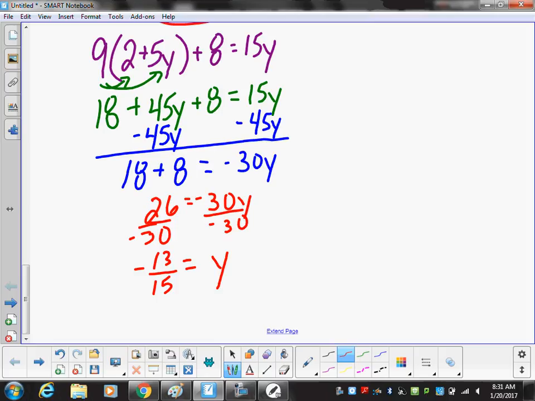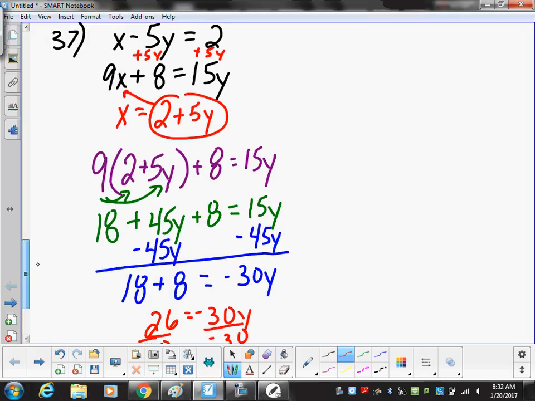A lot of people, when they see a fraction like this, they just kind of stop and think they got it wrong, so they just don't do it anymore. 26 over 30 can be simplified. You use a calculator and put it in, and it just simplifies it for you, especially if you use your little fraction button. And then when you go back and plug back into your original equation, it'll be a lot easier also.